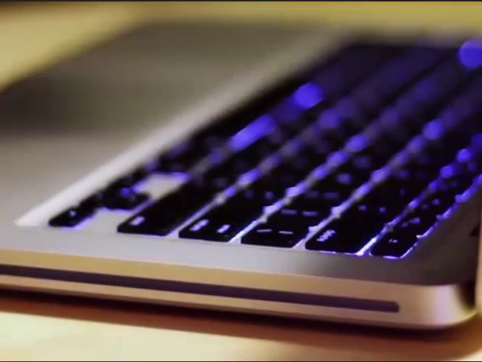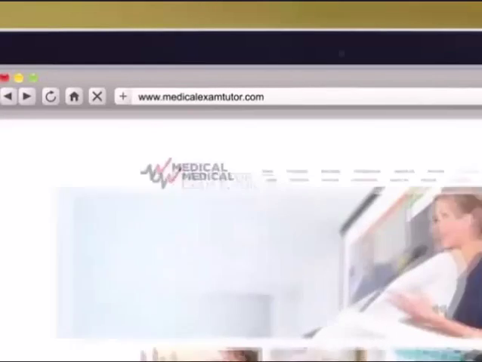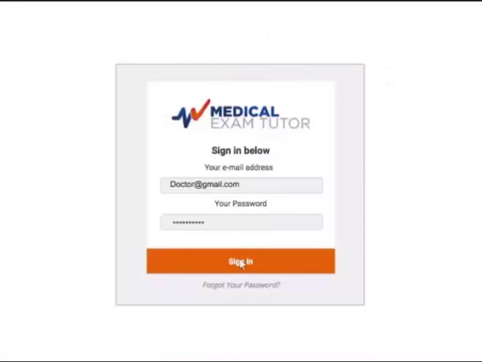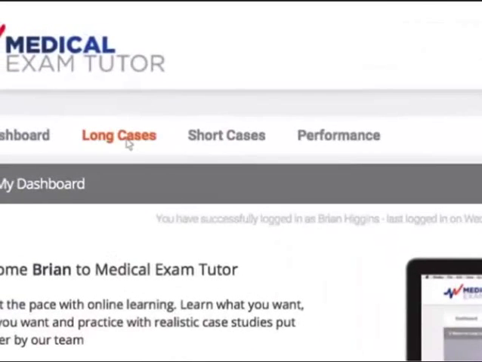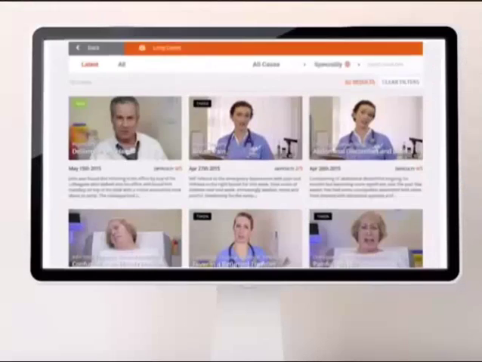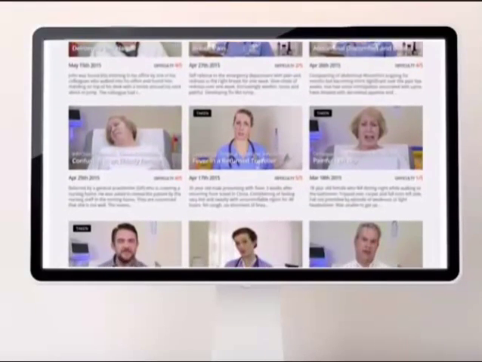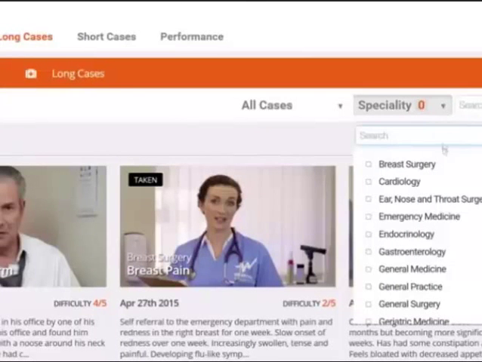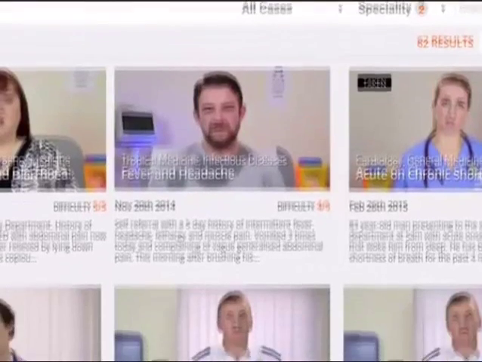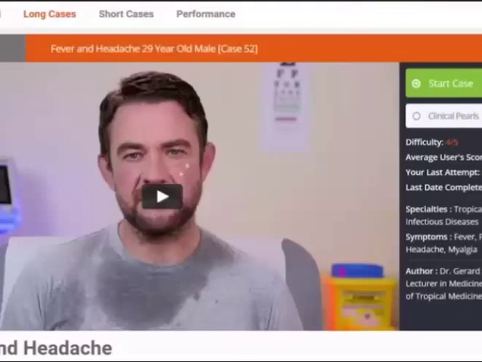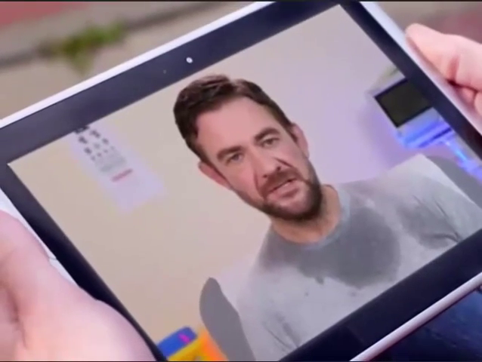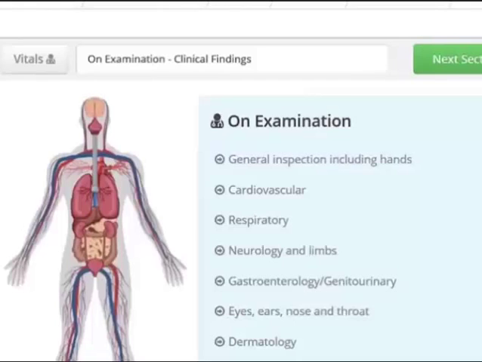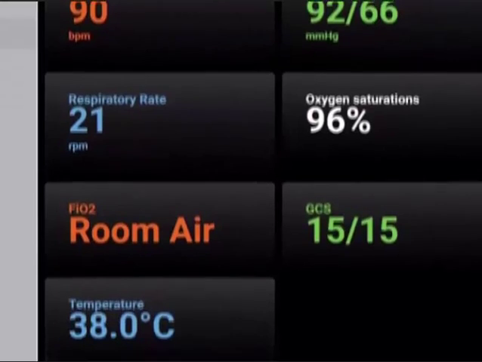What if doctors could develop their clinical skills without risking a single patient's health? Practicing common medical scenarios from any online device. Selecting from a substantial bank of cases. And managing the virtual patient from presentation to treatment.